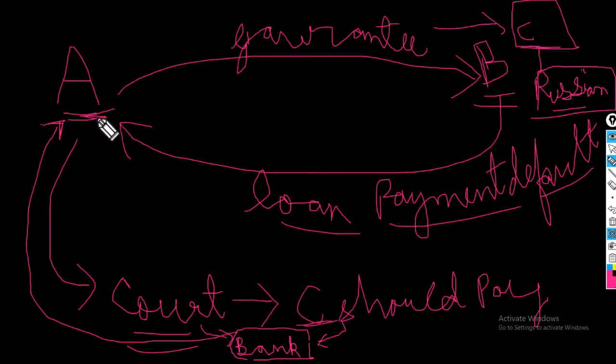A gave a loan to B, and the guarantor was C.